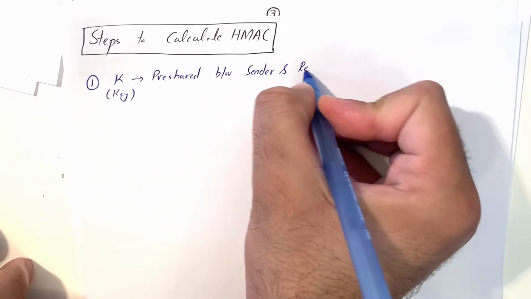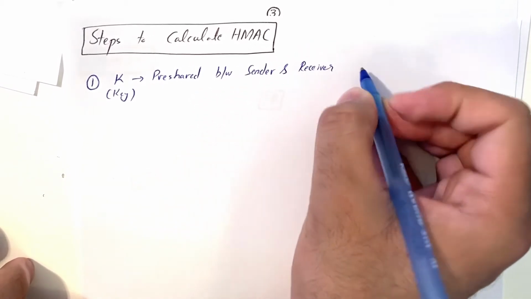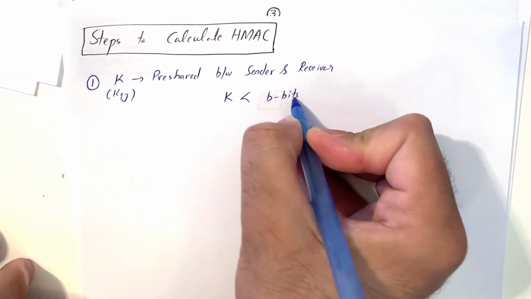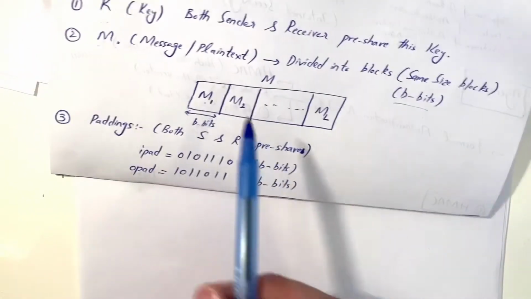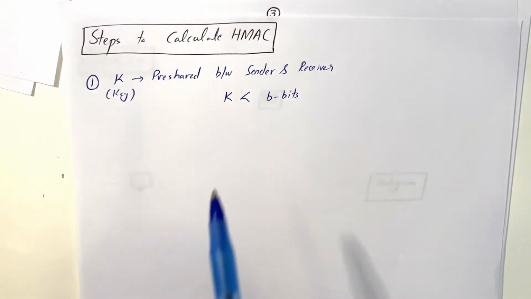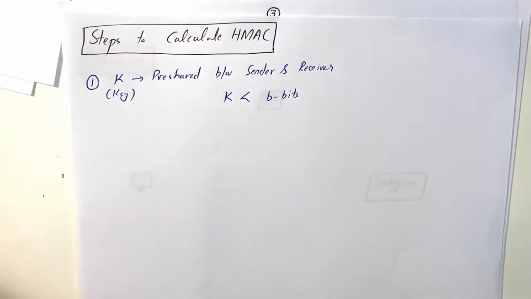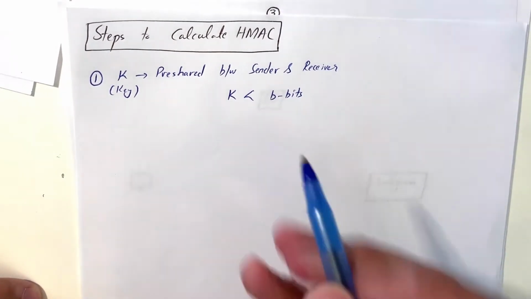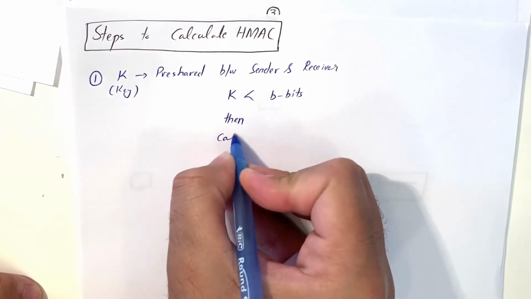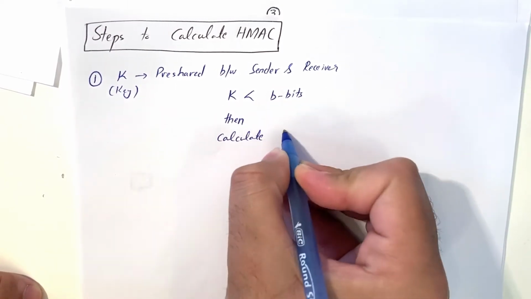and receiver. Now the first check is if K is smaller than B bits. If you remember, B bits is the size of the message block. If the length of K is smaller than B bits, then what we are going to do is calculate K plus.